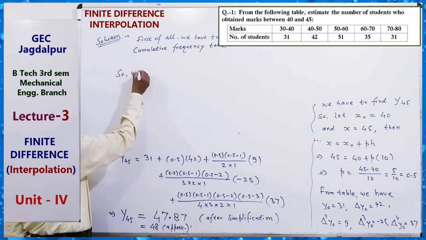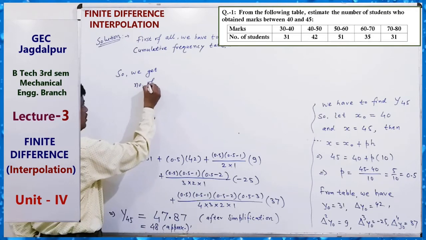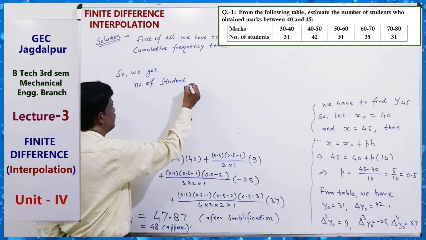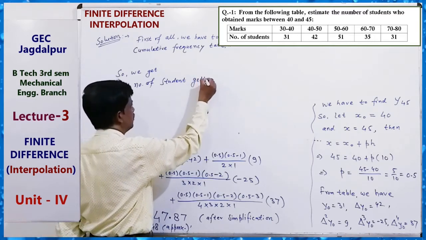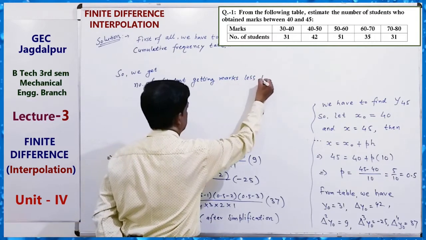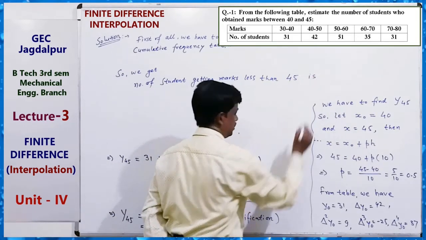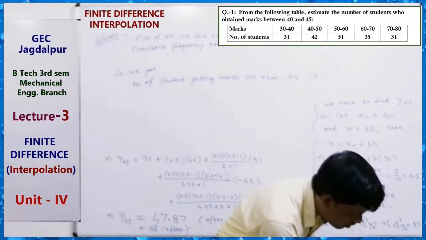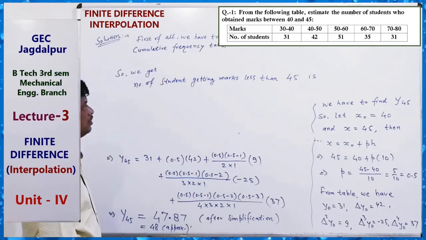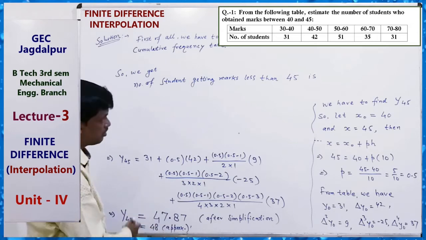So we get number of students getting marks less than 45. The number of students getting marks less than 45 is 48.